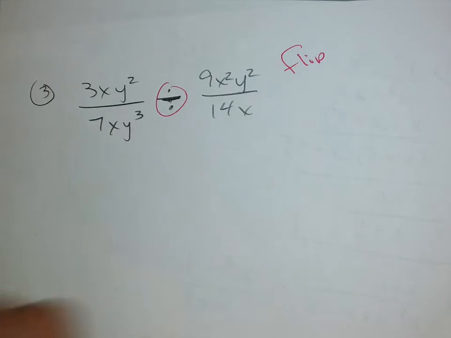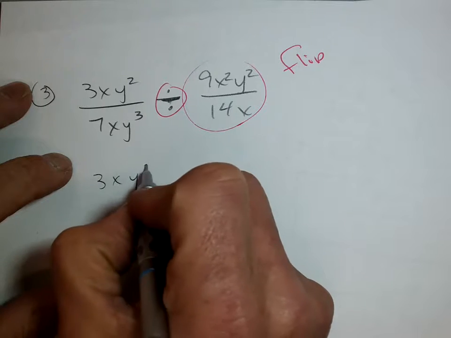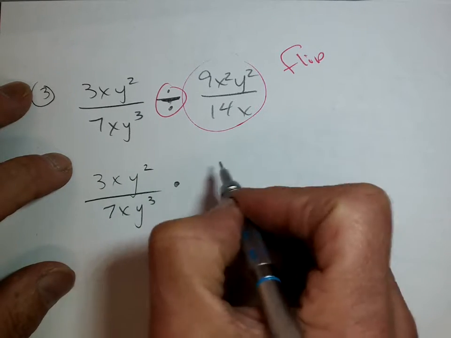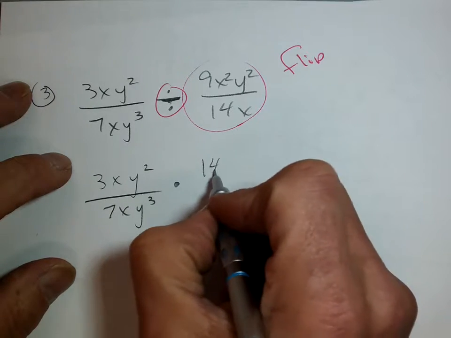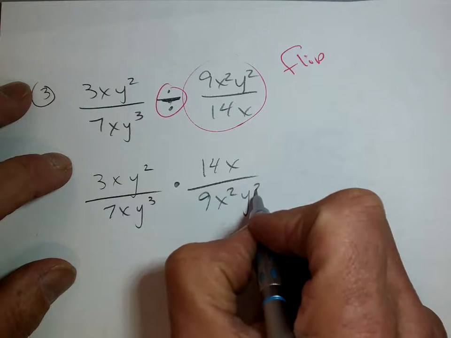Remember the term invert and multiply from middle school? So we're going to flip this fraction, so I'm going to rewrite this whole thing: 3xy squared over 7xy cubed times 14x over 9x squared y squared.